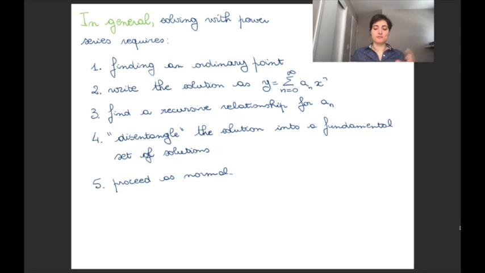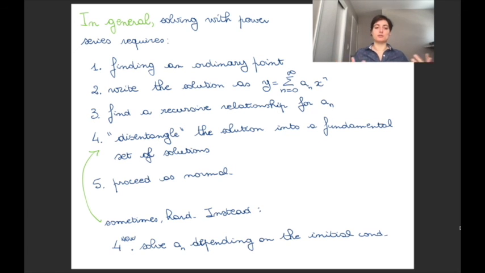It means that you want to find a formula that determines a n plus something with respect to a n. You want to disentangle the solution into a fundamental set of solutions. What does that mean? It means that you want to unwind the recursive relationship in such a way that you can detect which parts depend on what. Once you have the fundamental set of solutions, then you proceed as normal.